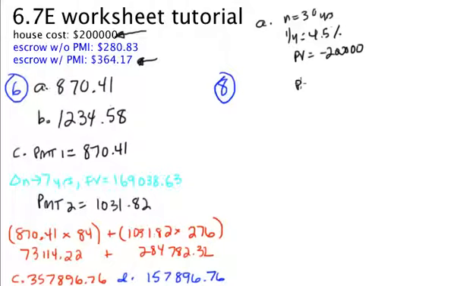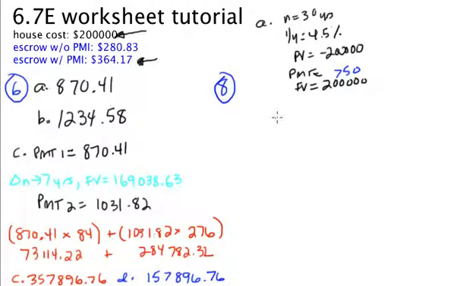We're going to find the payment, but your future value is going to have to be positive $200,000. So now when we find the payment, let me put that in my calculator. Payment's going to be $750 even. Okay, so that is the answer to question A.